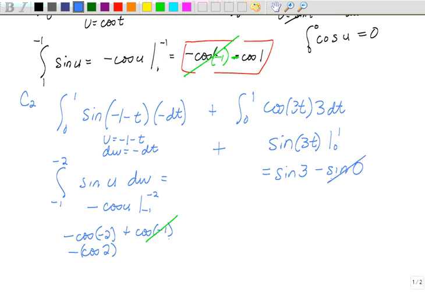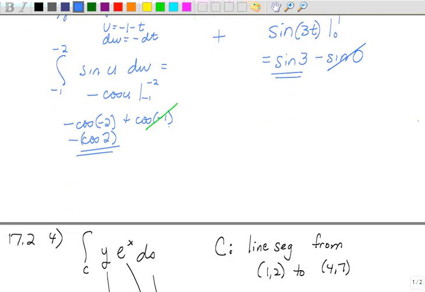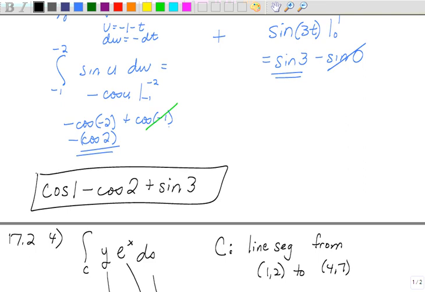Sine of 0 is 0. So I have this, this, and this. That's a plus. So my final answer is cosine 1 minus cosine 2 plus sine of 3. So if you have more than one curve, you just do each curve separately.